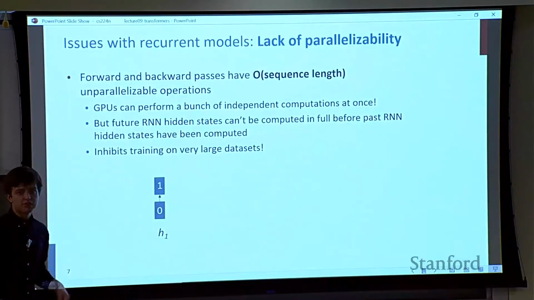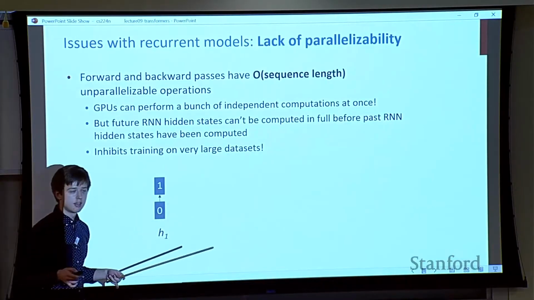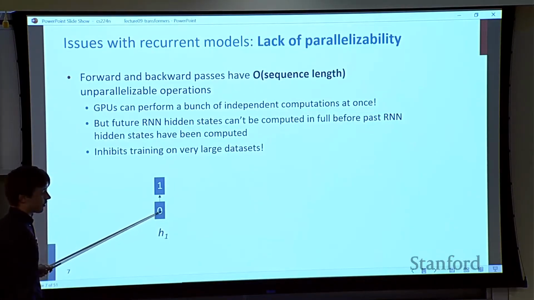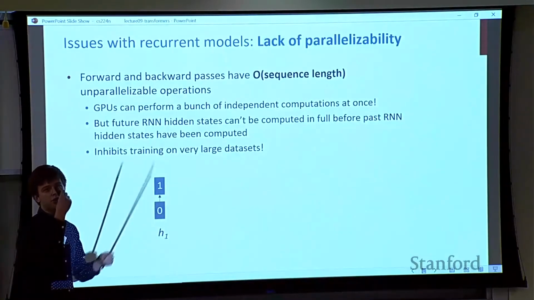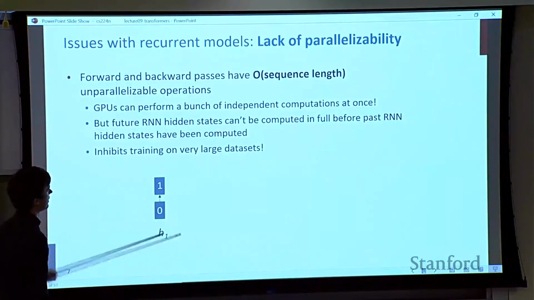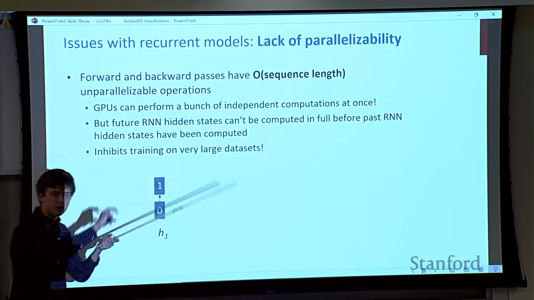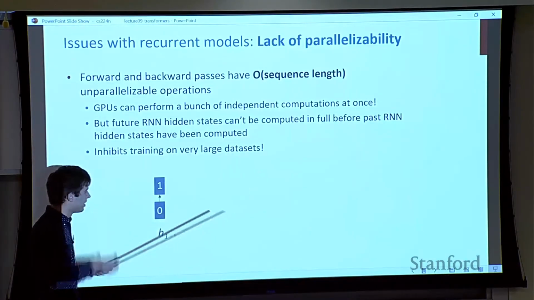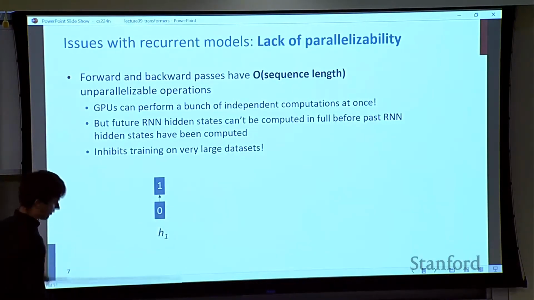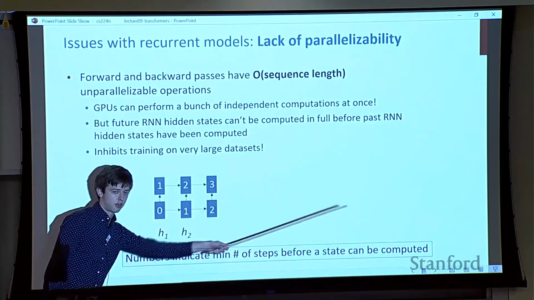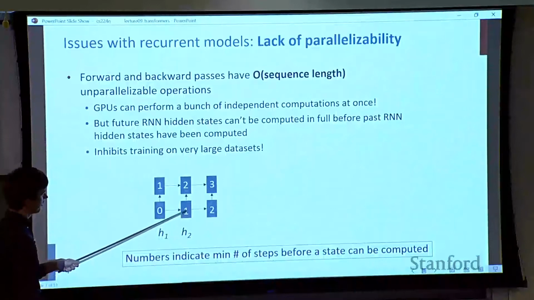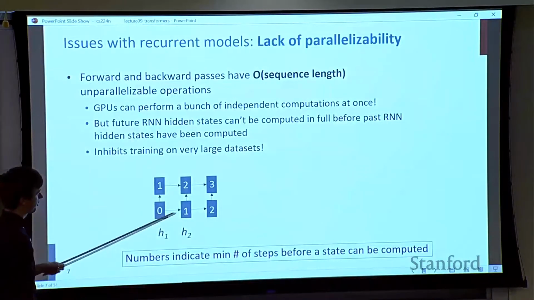So let's take a look at unrolling an RNN. If this is, say, the first layer of an RNN or an LSTM, maybe it doesn't depend on effectively anything. You can just compute it immediately. And then the second layer, so this is a stacked set of two LSTMs, depends on the first layer here. In the time dimension, though, this cell here depends on this, so you've got a 1.